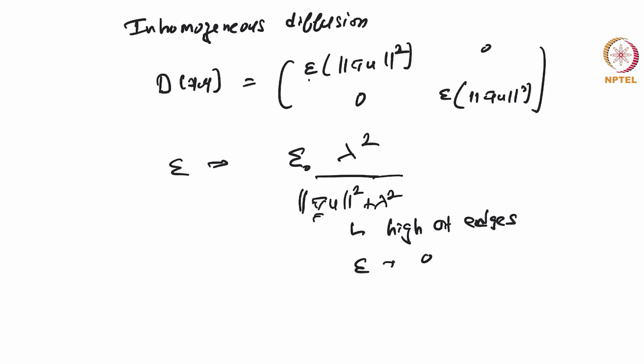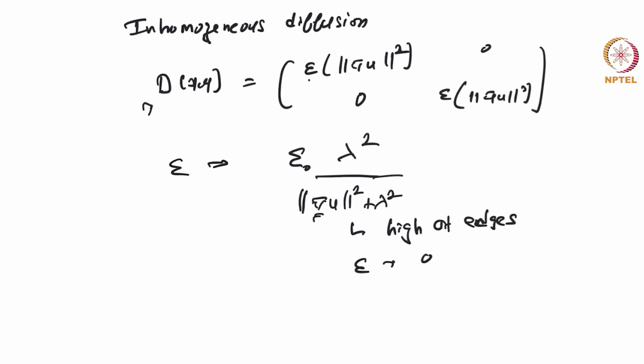But this so-called tensor that we have here for D is still diagonal, right? There is no constraint based on the direction of gradient of u, because gradient of u is a vector. So let's say for anisotropic diffusion, this D is again defined at every point in the image, every pixel in the image.